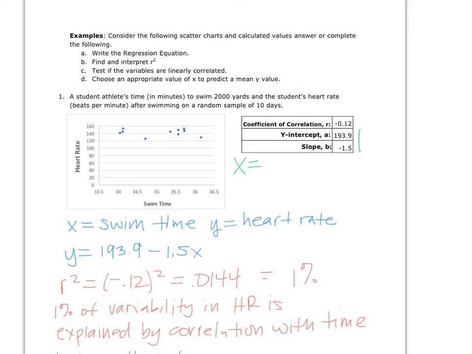So if we choose 35 for the swim time, we plug that in, so we get y equals 193.9 minus 1.5 times 35. Okay, that would give us a predicted value of 141.4 beats per minute.